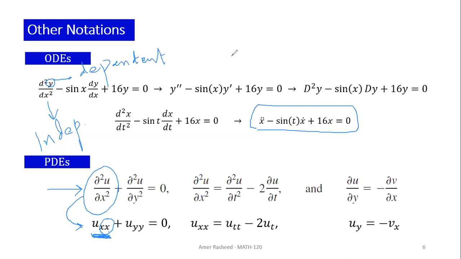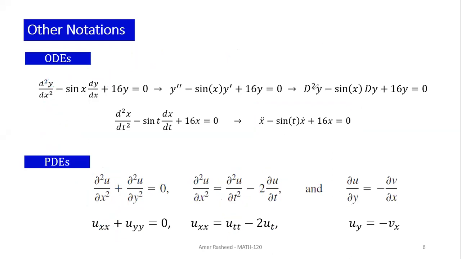Two x means two derivatives, two y means two derivatives. Here partial square u by partial t square is u subscript tt, and partial u by partial t is u subscript t, with t written only one time in the subscript. So these are the different notations we use for ordinary and partial differential equations. If you have any question, you can ask me.